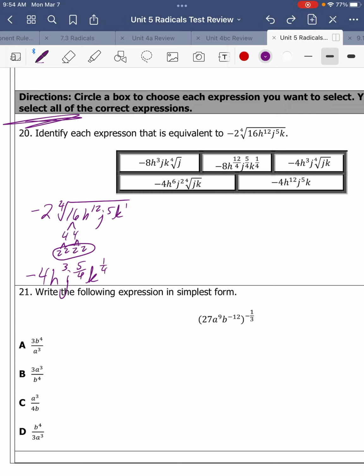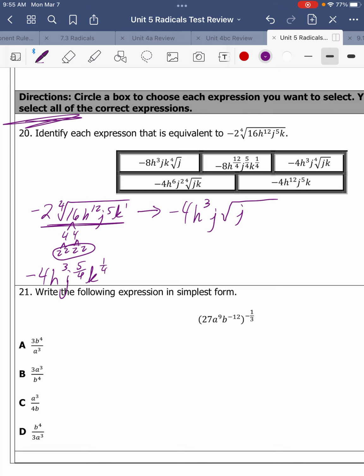So let's simplify this. From here, it would have been -4 h to the 12 over 4, or let's go the other way. It's just simplifying from radical form. There are 12 h's, h to the 12th, divided by 4 is h to the 3rd. J, we can make one group, and k we have nothing.